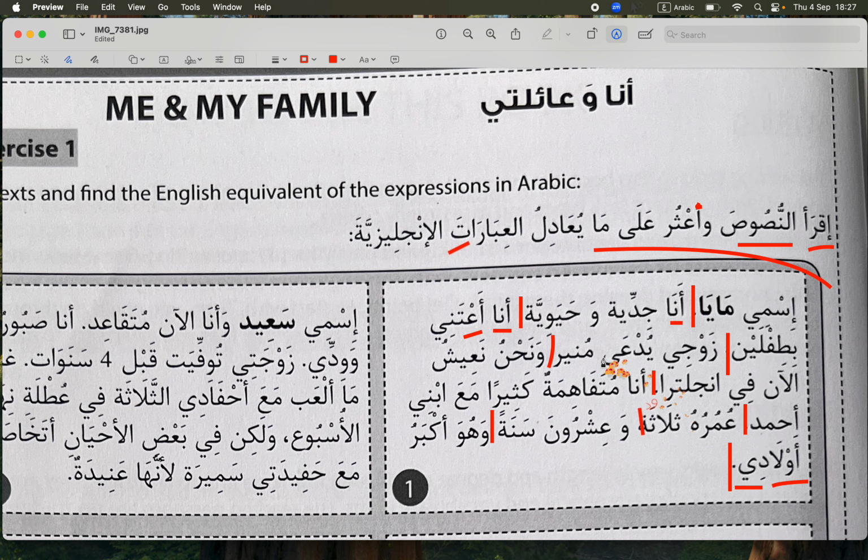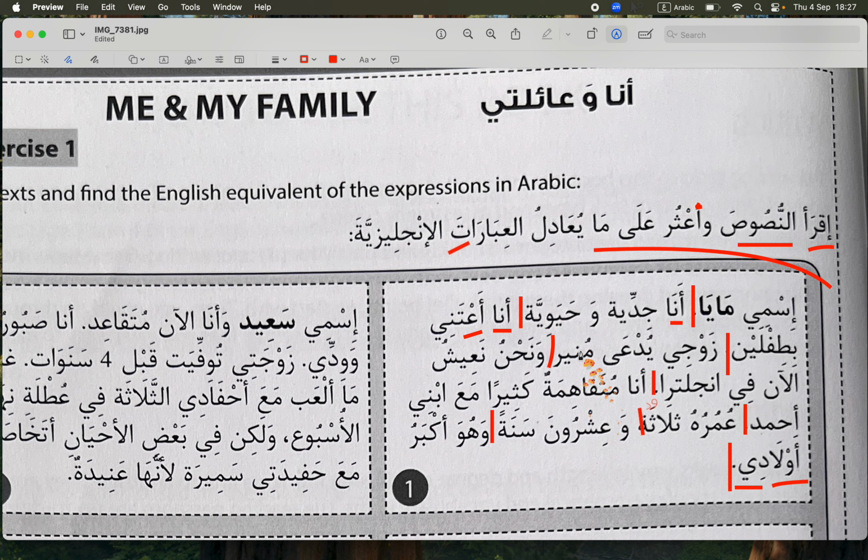What does that mean? That's right. Maya's husband, so Zawju Maya. Now notice the syntax is different. In Arabic, the mudaf and the mudaf ilay are translated the opposite. If you don't know these grammatical terms, then not to worry, but just understand that Zoj means husband and Maya is the name of the woman. So the husband of Maya, or Maya's husband, Yud'a, is called Munir.